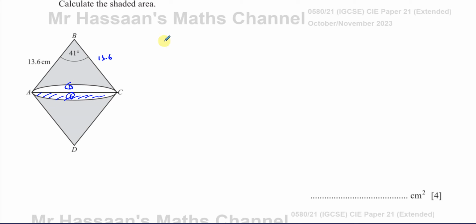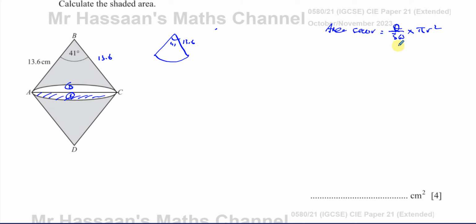You can find the area of a segment by doing the following. You can find the area of the whole sector, which is this whole thing. The area of a sector is given by the angle over 360 times pi r squared.